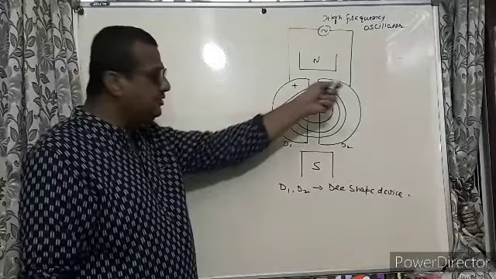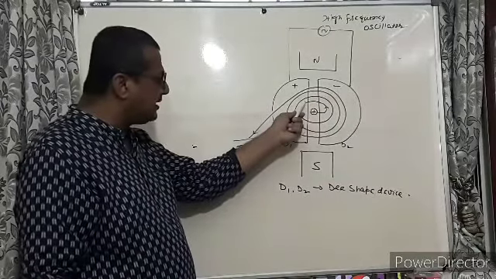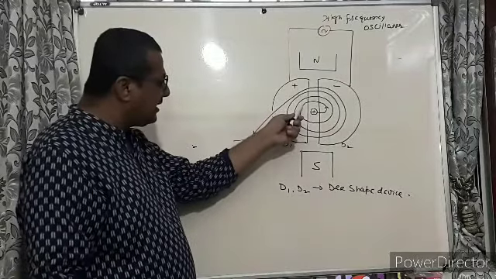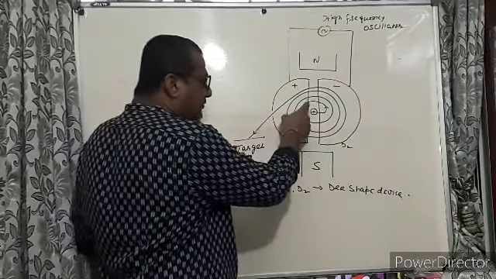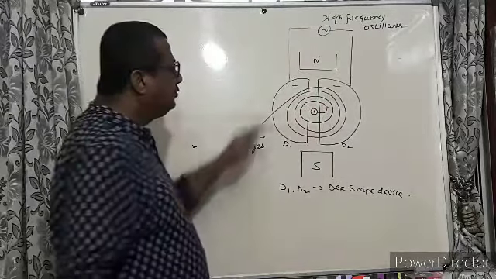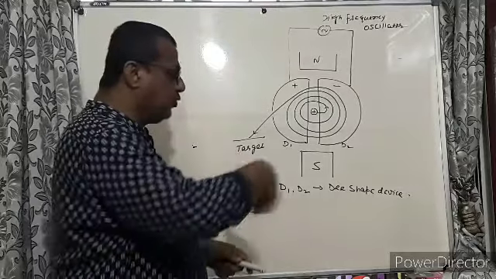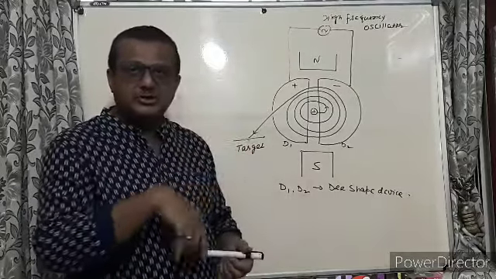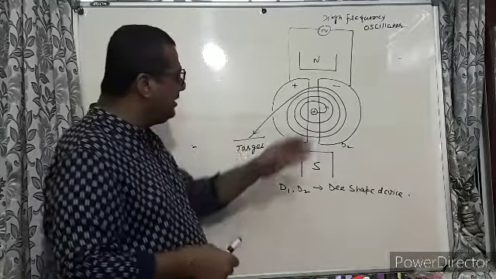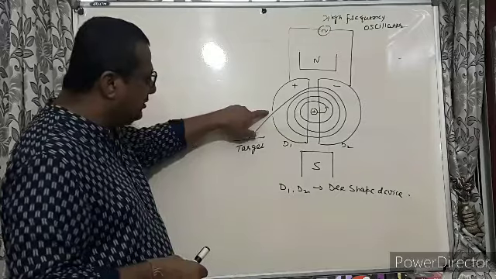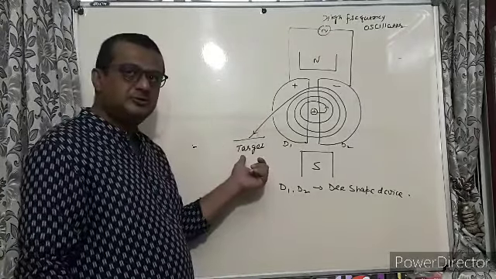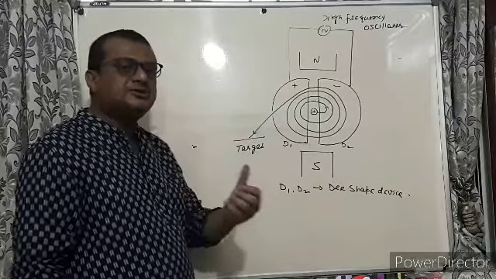Again it is attracted to the other side, and again when it enters this D, it moves circularly due to the perpendicular magnetic field, and so on. Polarity changes, particles are accelerated, it acquires energy, and finally it comes out from the periphery of the D and hits the target. So it acquires energy and does some work.